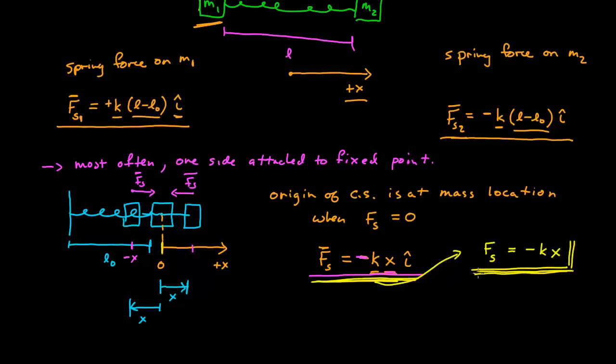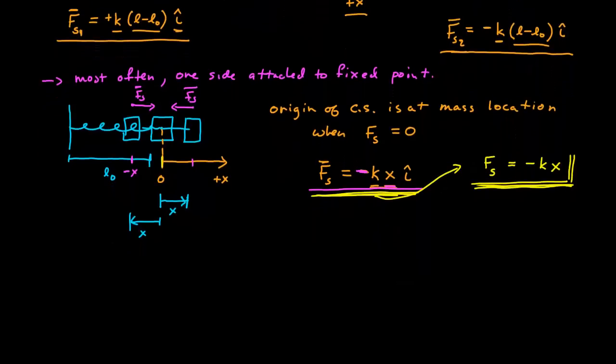So you don't want to just start throwing F equals minus kx unless you really understand how your particular problem is set up. And just for a final example, let's look at a different coordinate system for this same problem.